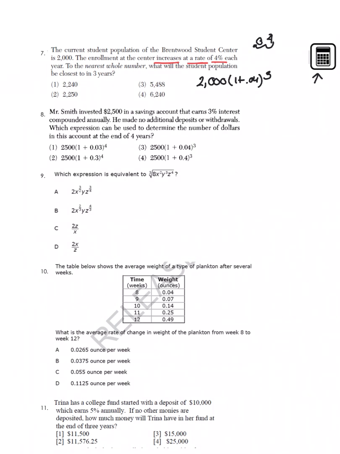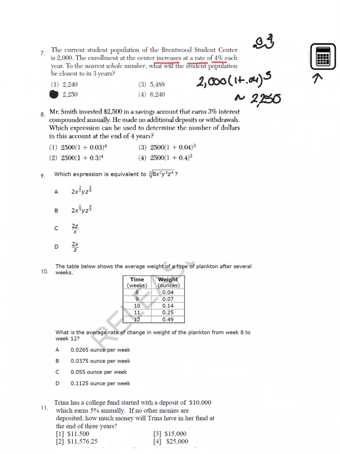And when we do so, we get about, so it kind of rounds up. I'm going to use the squiggly instead of the equal sign just to represent about 2,250, and that would be choice B, or the number 2 there.